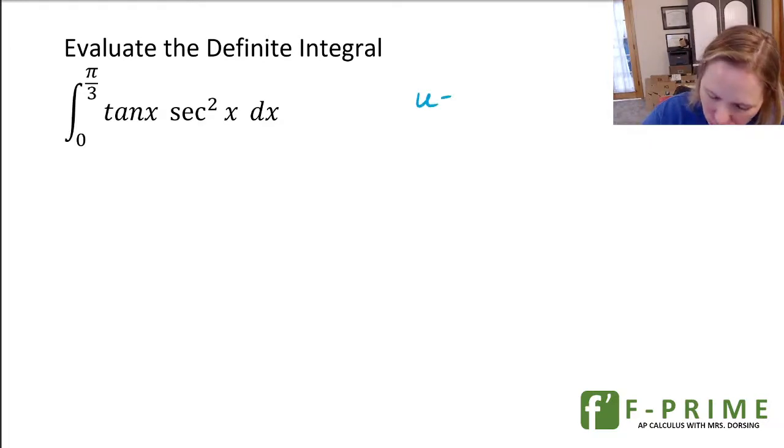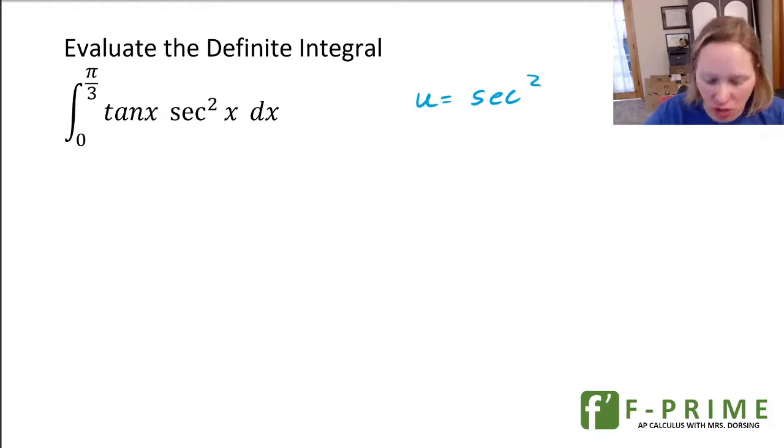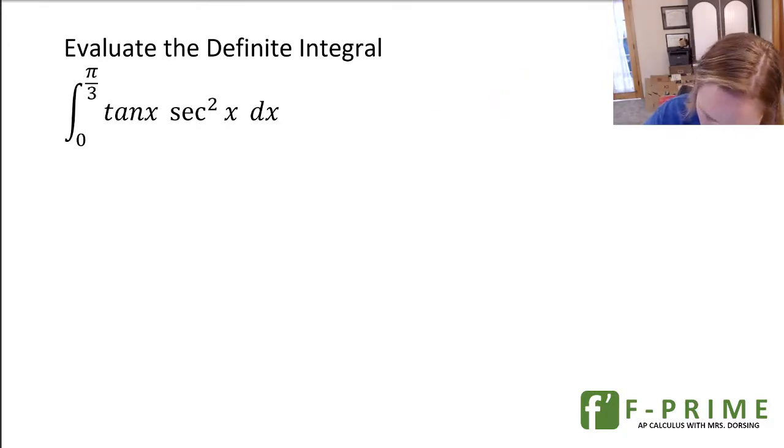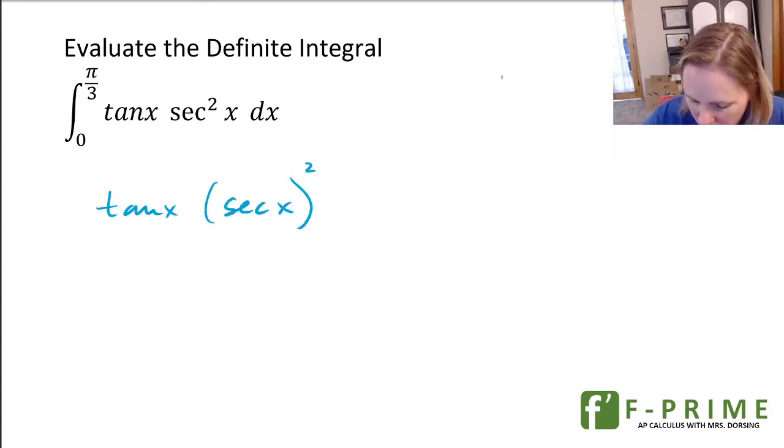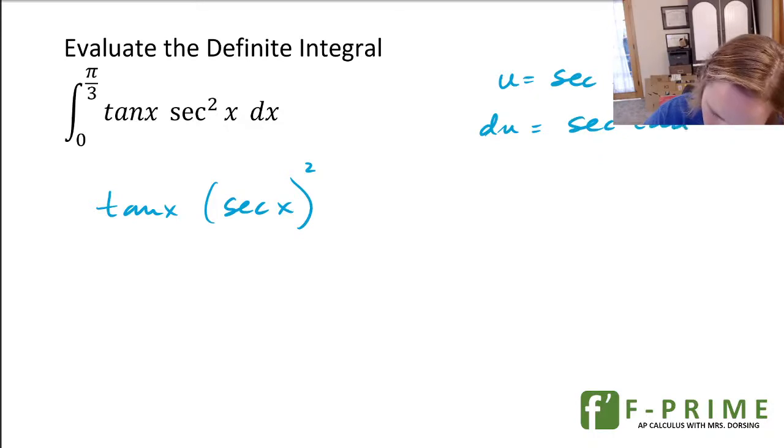Well, if I let u be secant squared, or let u be secant, well, we can think of this as tangent of x and then secant of x squared, right? If u is secant, then du is secant tangent.